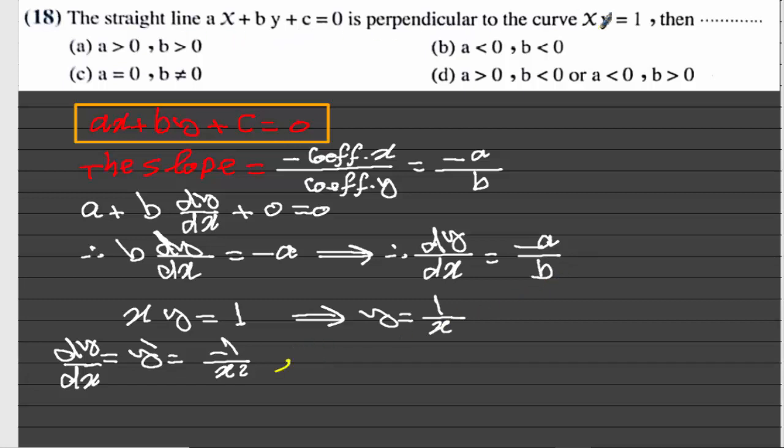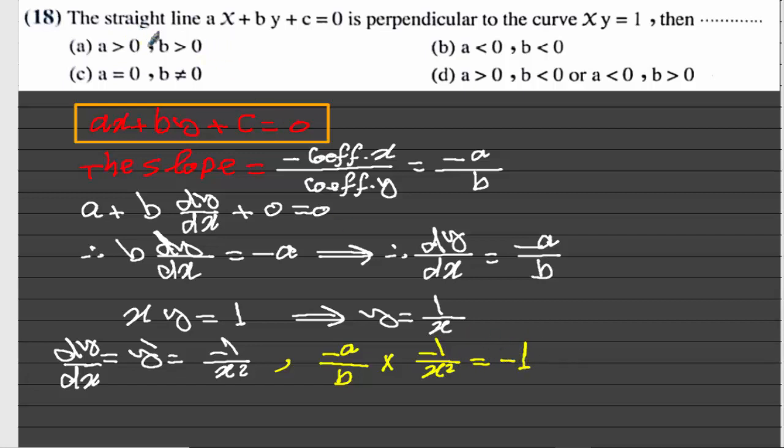But the straight line is perpendicular to the curve. It means the straight line is perpendicular to the tangent to the curve. So the product of their slopes equals -1. So we write -a over b multiply -1 over x square equals -1.